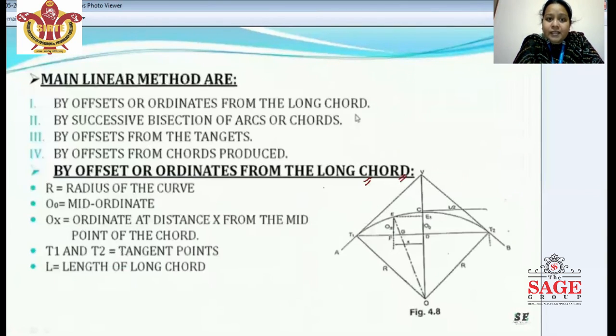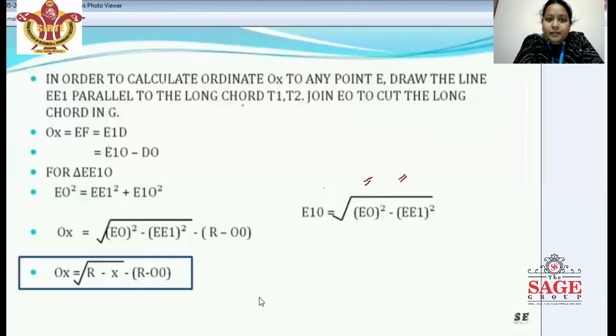So you can see this. OX value, when we put the value of EE1, then what is this? OX equals, from this equation, we find the value of E1O. E1O equals the square root of EO whole square minus EE1 square, minus what is next, DO.